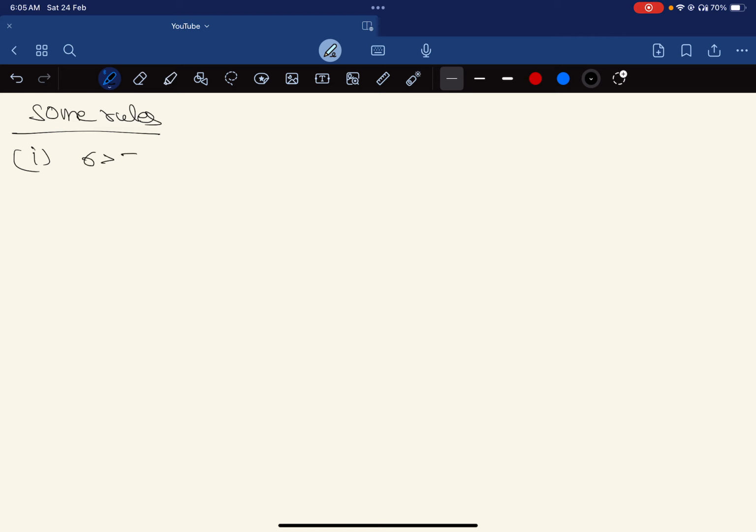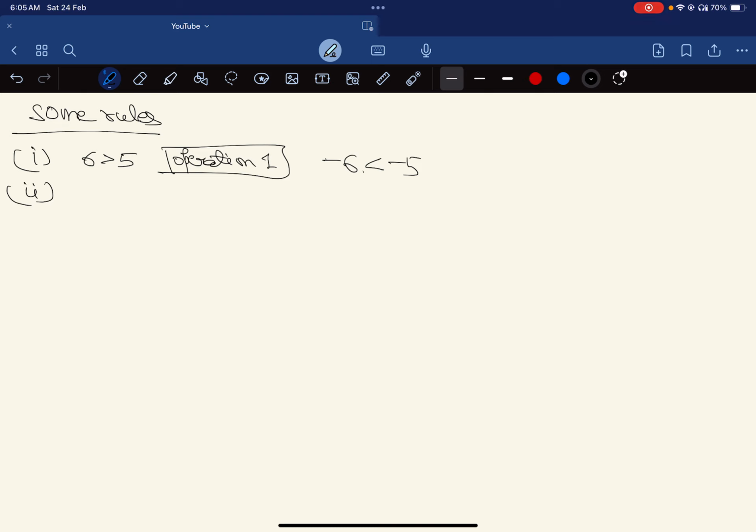If 6 is greater than 5 and we perform our operation 1 of multiplying by minus 1, then we get minus 6 less than minus 5. The symbol is changed.